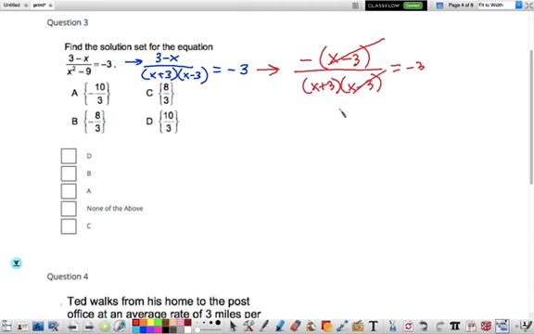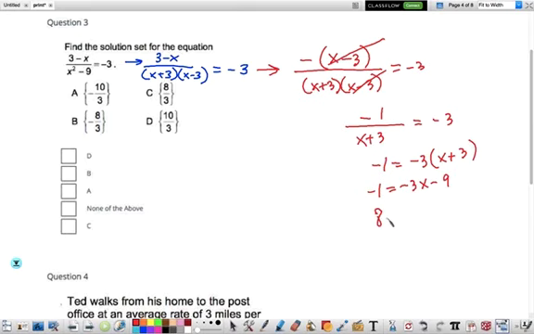This is going to get rid of one of your extraneous solutions. So that's important. What do I have left up top? Negative 1 down below, x plus 3. That's equal to negative 3. Multiply by the denominator to get rid of it. Negative 1 equals negative 3 times x plus 3. Negative 1 equals negative 3x minus 9.